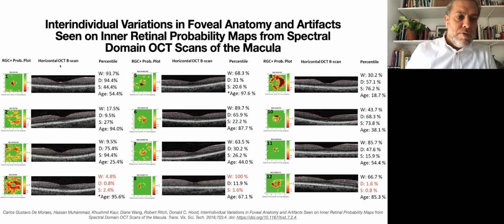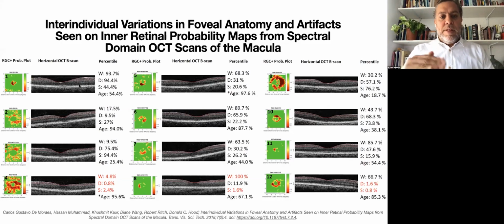You see here this horizontal B scan. If the horizontal B scan is a little bit tilted or shifted, if the position of the patient's head is a little bit changed, you will start seeing this type of artifact on the macula, and these are due only to the position of the patient.